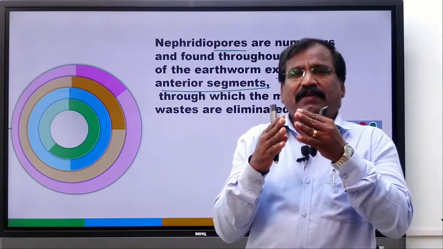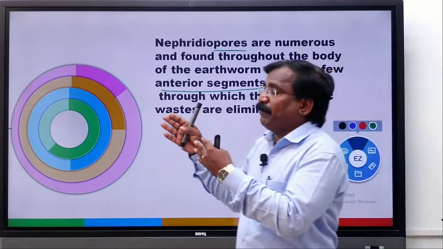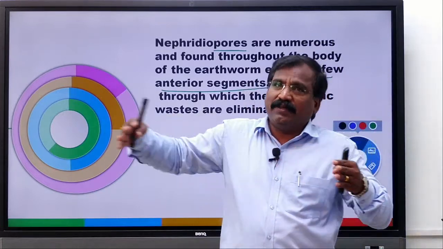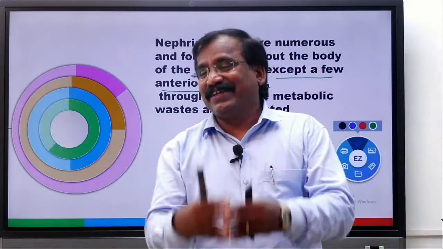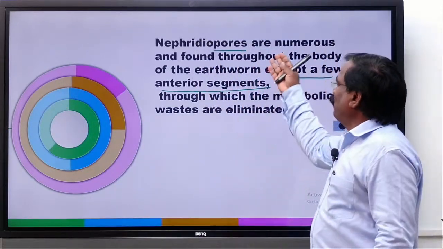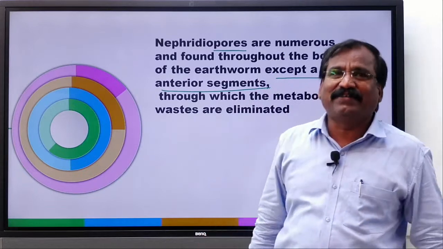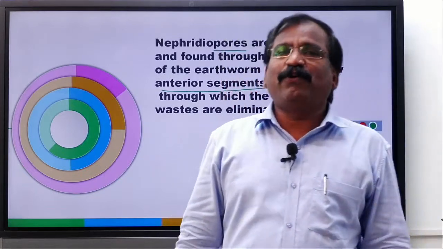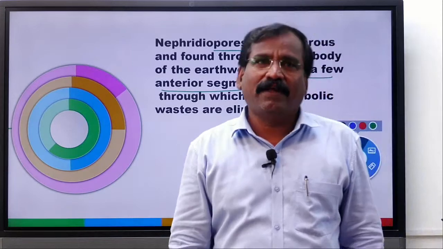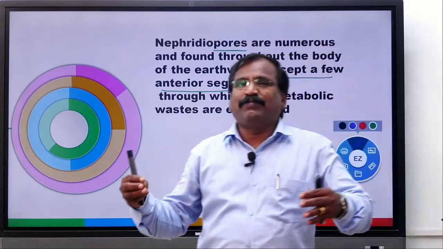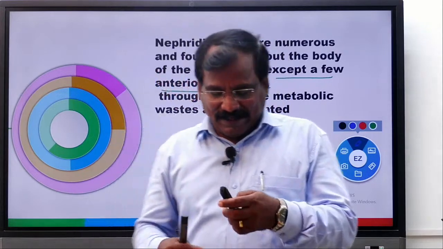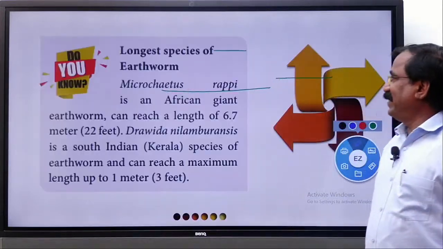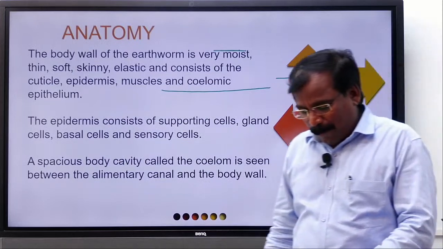Through the entire length of the body, numerous nephridiopores are distributed. A nephridiopore is the opening of the nephridium, the excretory structure.